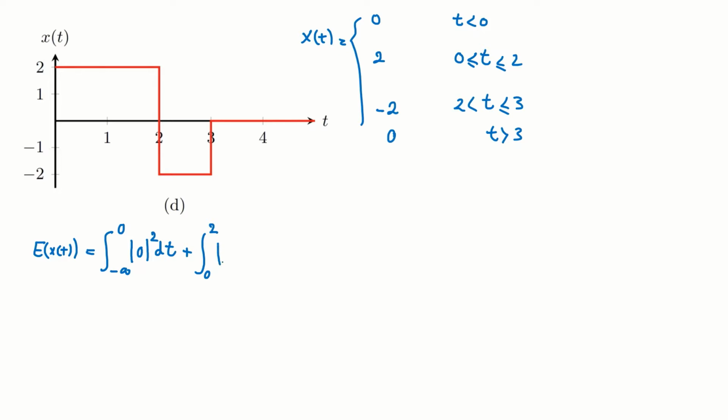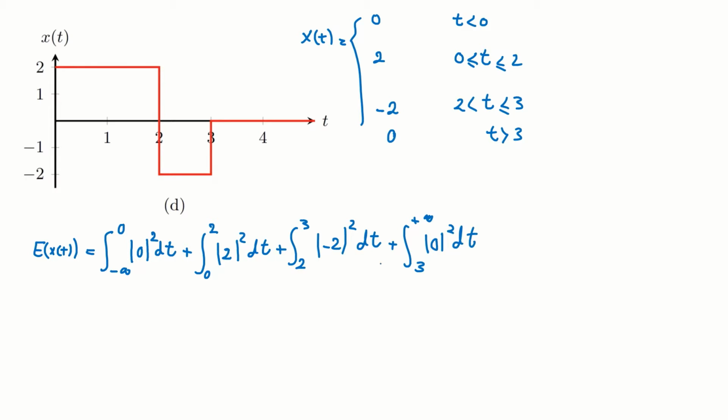Plus the next interval is from 0 to 2, and the value of the signal in this interval is 2, so we have absolute of 2 squared dt, plus the next interval from 2 to 3, where the value of the signal is -2, so we have absolute of -2 squared dt, and the last interval is from 3 to infinity, where the value of the signal is 0.